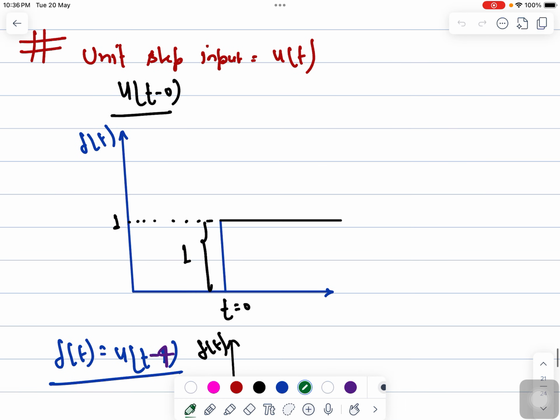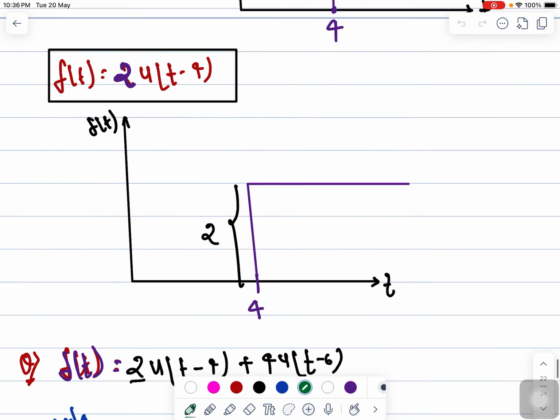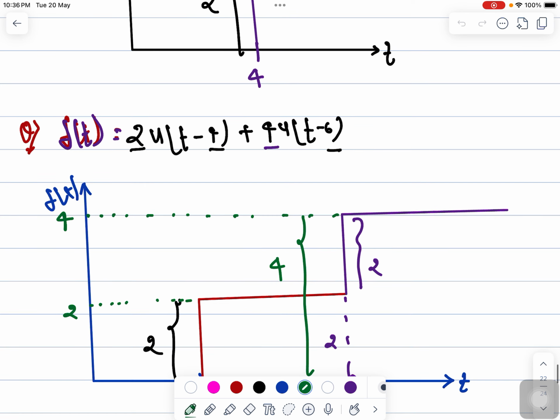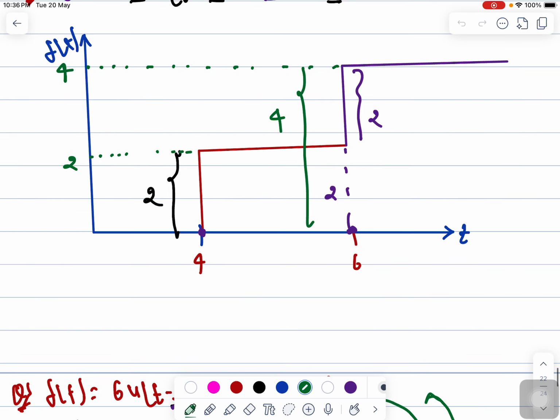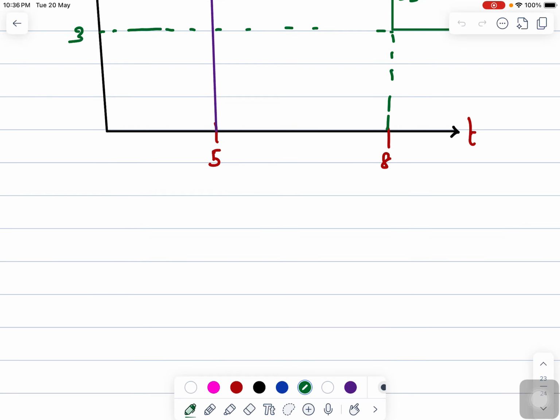After that I started solving problems based on graphs, like if you are given a unit step input, how you can plot it. And I also discussed that if a function is written as a linear combination of two step functions, how we can plot it.